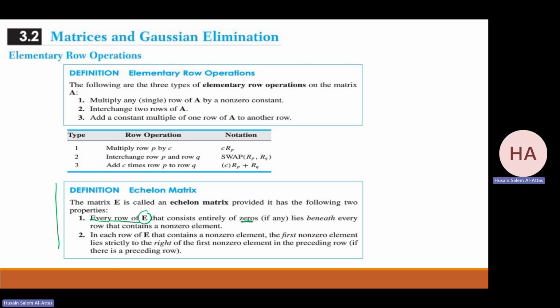And this is the most important: in each row that contains a non-zero element, the first non-zero element lies strictly to the right of the first non-zero element in the preceding row.